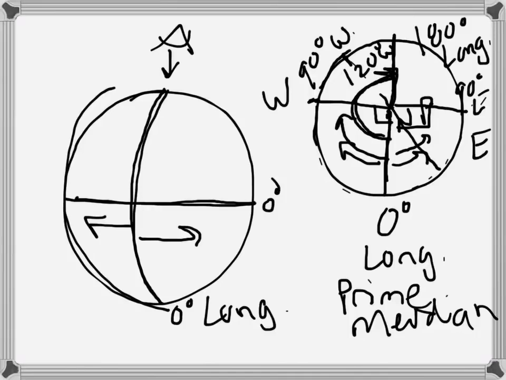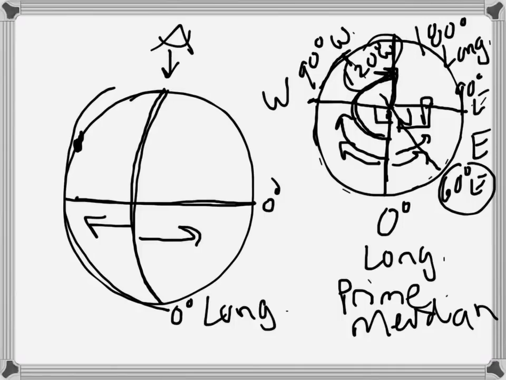The opposite of 120 west has to be 60 east. So this plus this always has to equal 180 degrees. By the way, San Diego, California, we're right around 120 west. So that puts us over here, 32 degrees north latitude, 120 degrees west longitude. More specifically, we're at about 117.